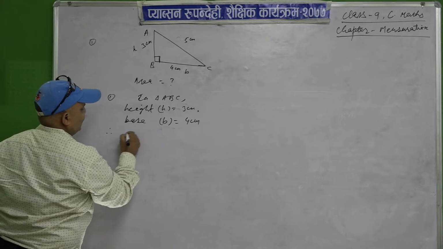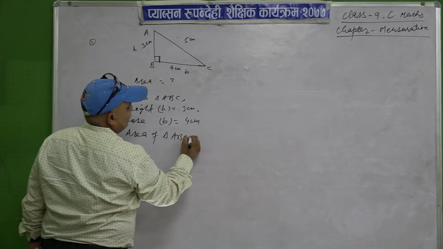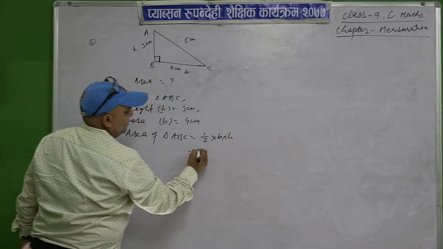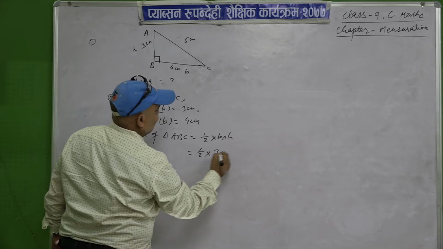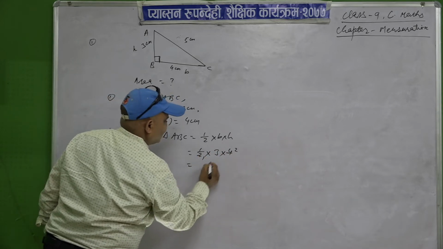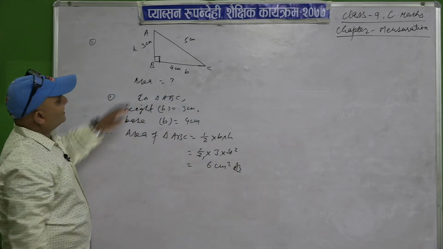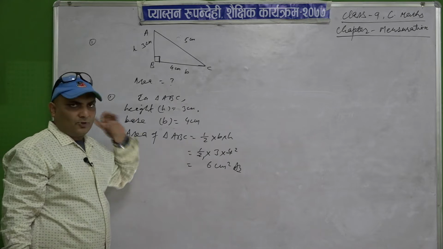Therefore, area of the triangle ABC is 1/2 into base into height. 1/2 into 3 centimeter, into 4 centimeter. 2 1s are 2, 2 2s are 4. It will be 6 centimeter square. The area of this triangle is 6 centimeter square by using this formula.